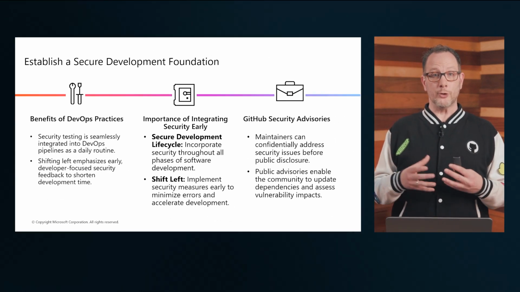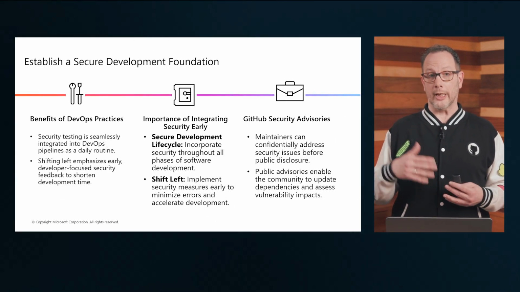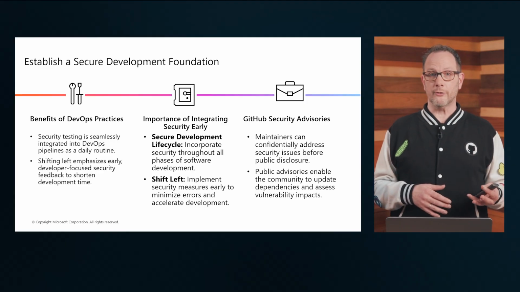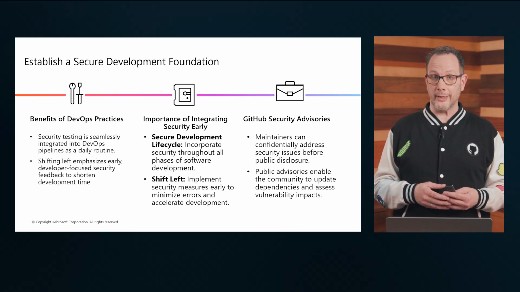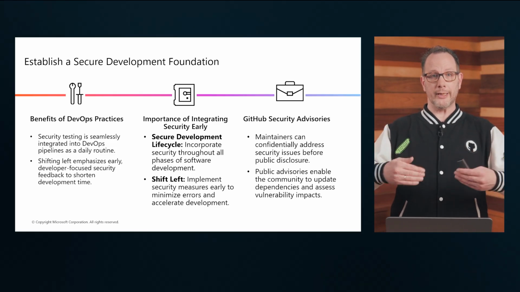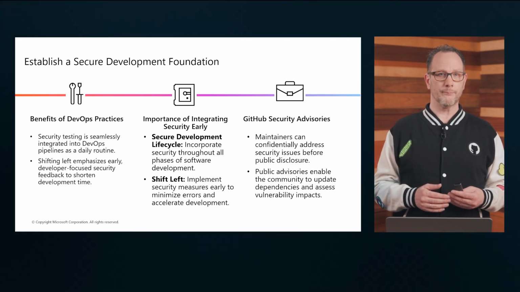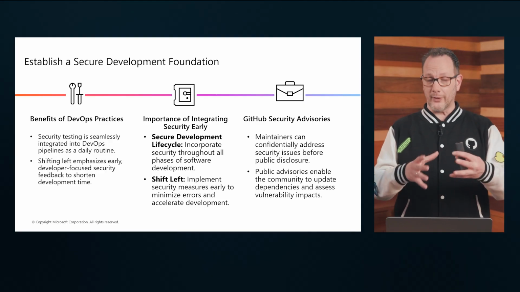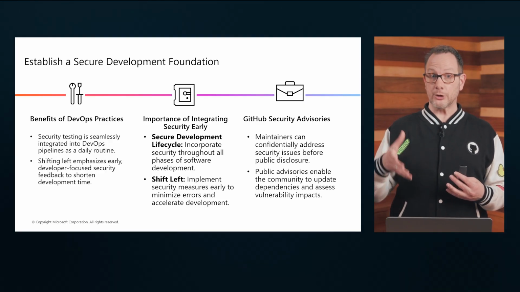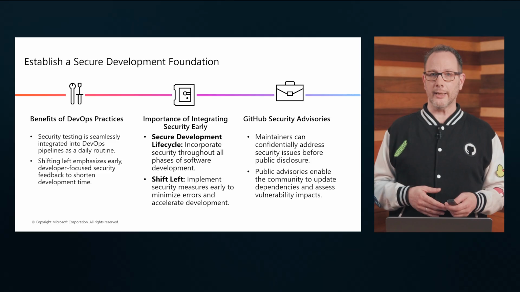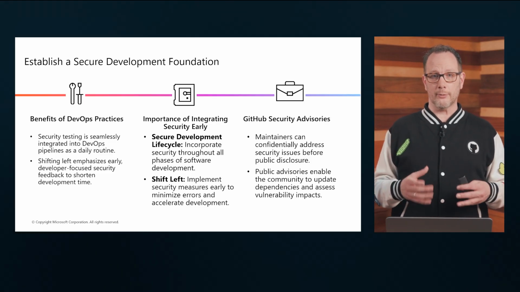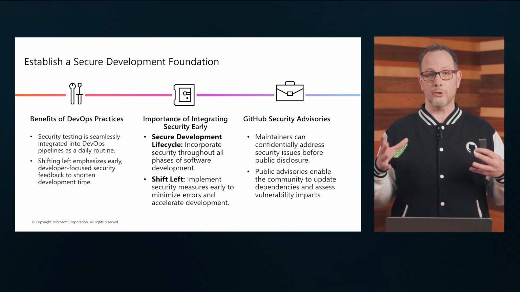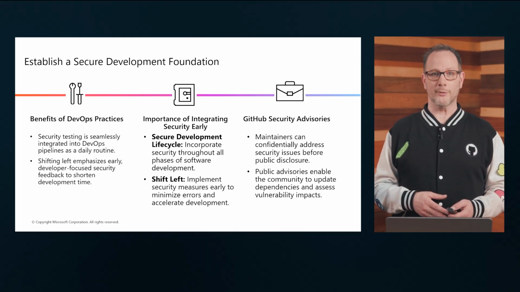GitHub contributes to this by providing tools like Dependabot, security advisories, policy files, and workflows that integrate seamlessly into your day-to-day coding activities. So by the time we finish this segment, you'll have a much clearer picture of how GitHub keeps security visible, accessible, and part of everyone's job, not just the security team's anymore.